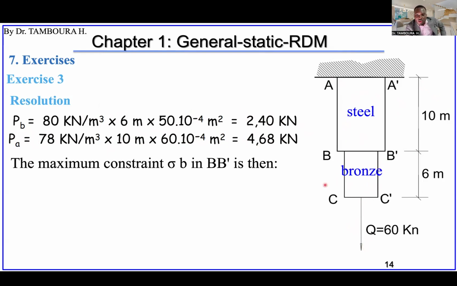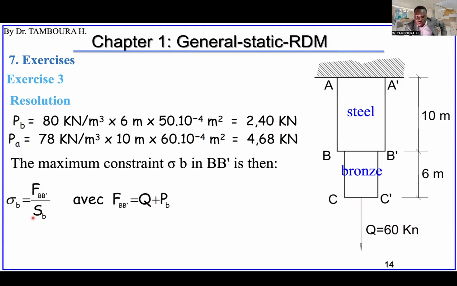So in that case, the maximum stress here, let's name it sigma B, will be this force divided by the section. The force is Q plus PB. PB is the weight of this bronze part, this 2.4 kilonewton, plus this 60 kilonewton.